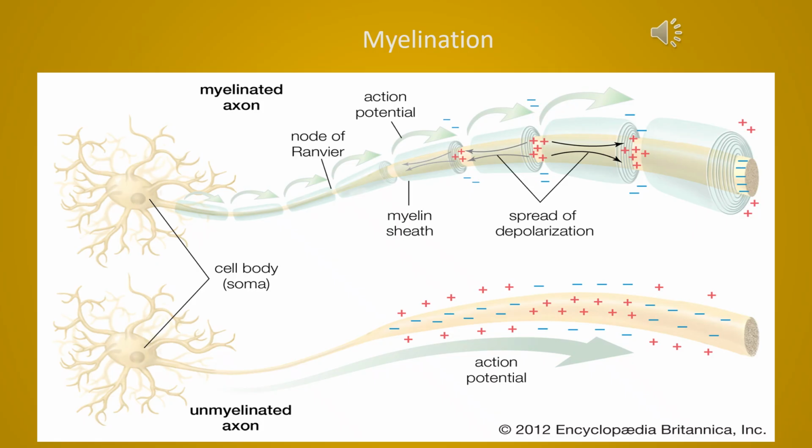So anyway, exposure to certain chemicals, certain viral infections, and then the autoimmune problems can result in demyelination and the complications that go with that. So that is the difference between regular conduction of an action potential and saltatory conduction that is offered by myelinated axons. Next.